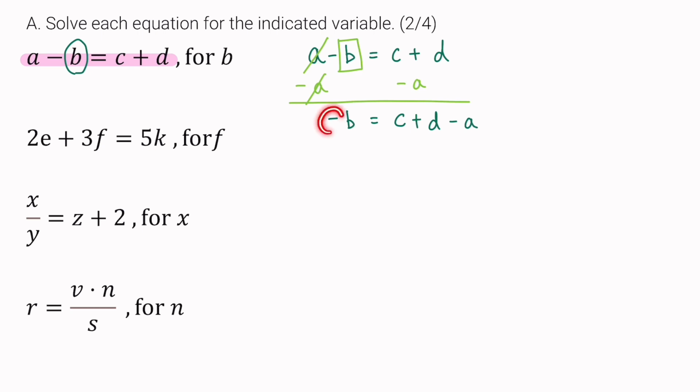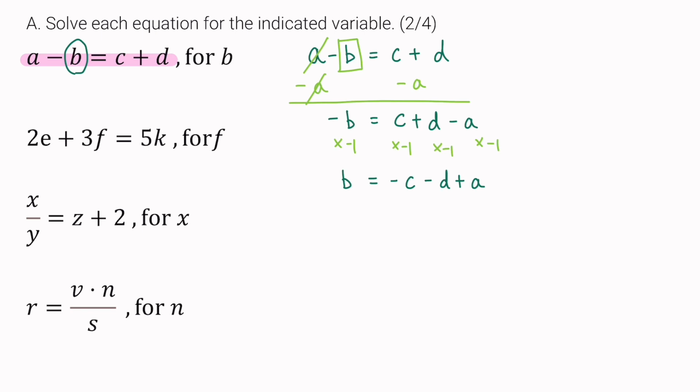Now what do we do with this negative sign right here? Well, what I can do is multiply negative 1 to every variable that's present, and end up with plus b is equal to negative c minus d plus a. Because we are multiplying negative a with negative 1, we have plus a.